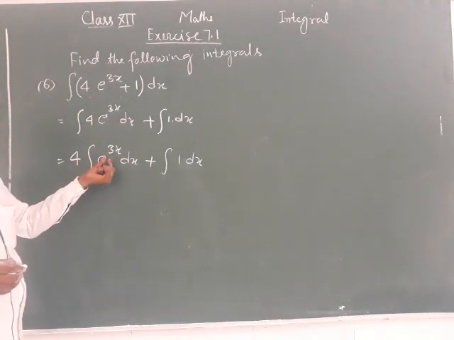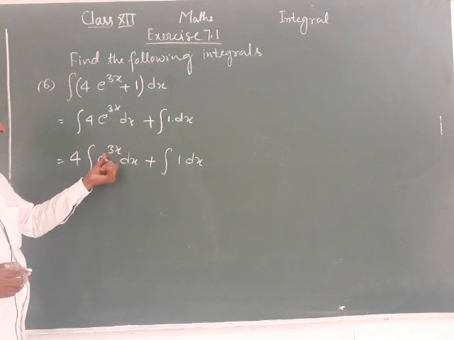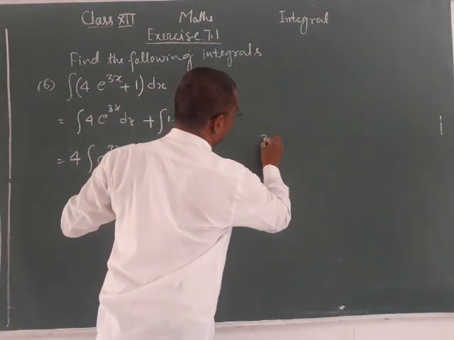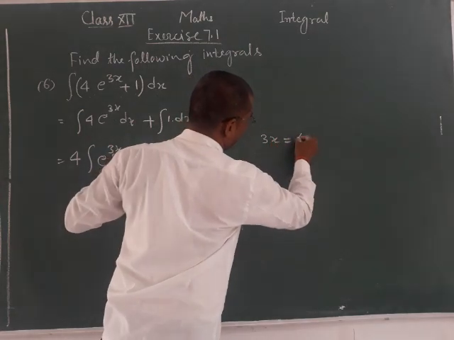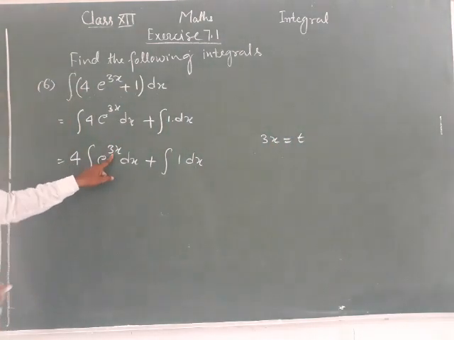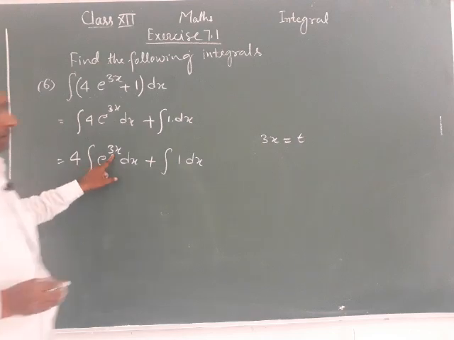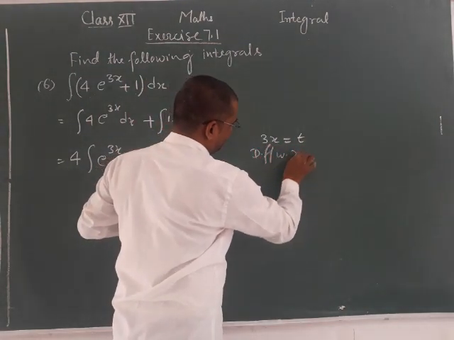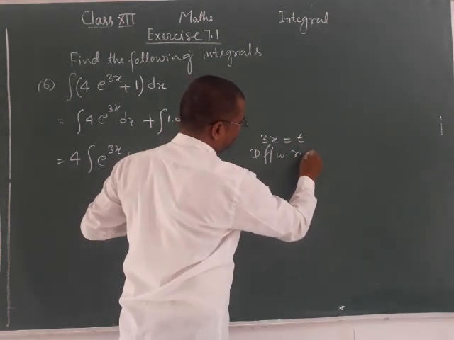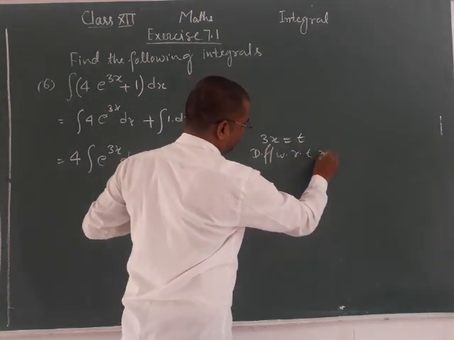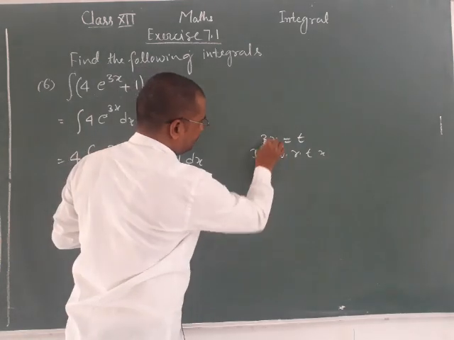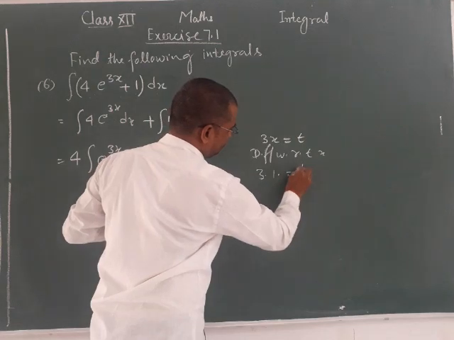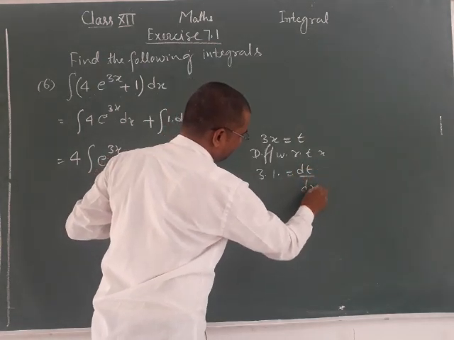So now e to the power 3x. Let 3x be equal to t. Differentiating with respect to x, 3 into 1 is equal to dt upon dx.